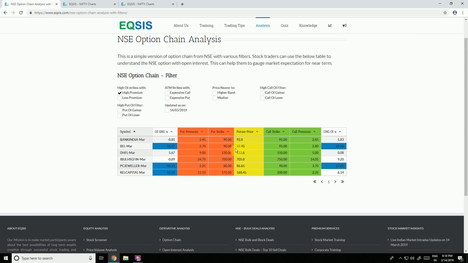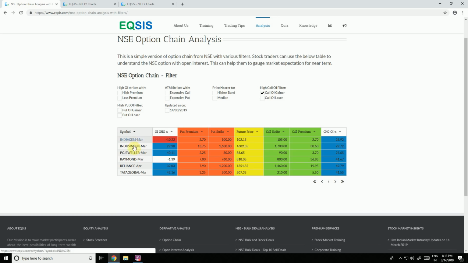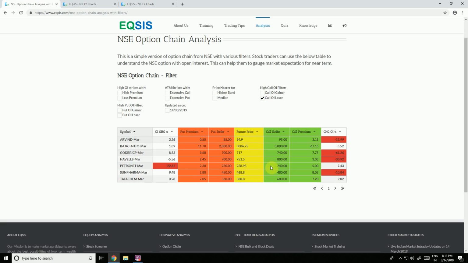Okay, and we also want to know as the day passes how the historical things actually happen. So if anybody wants to know, Murugan, which of the extreme call options are gaining open interest, I think these are the options that are gaining open interest. Likewise, anything which is losing open interest, any significant drop in open interest.